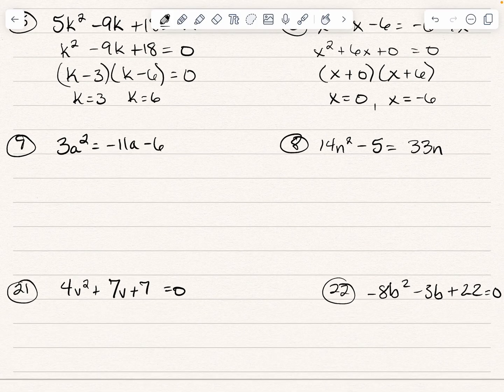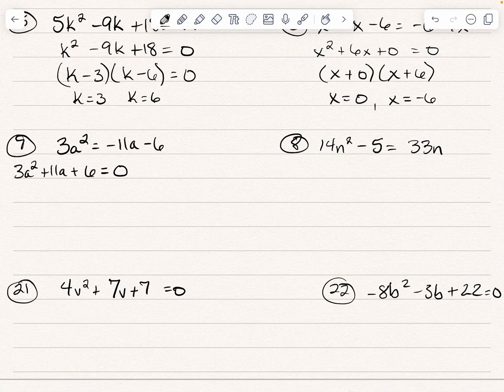Okay, on 7, we need to add both of these things over. So this is going to give us 3a squared plus 11a plus 6 equals 0. I cannot divide everything in here by 3.